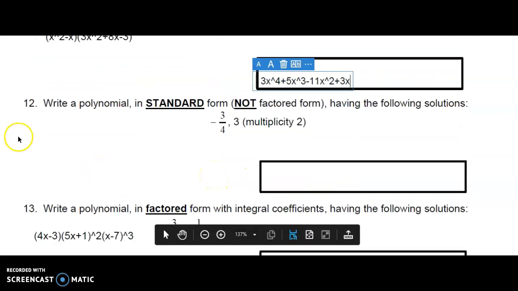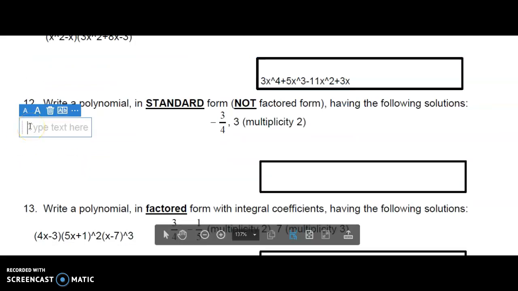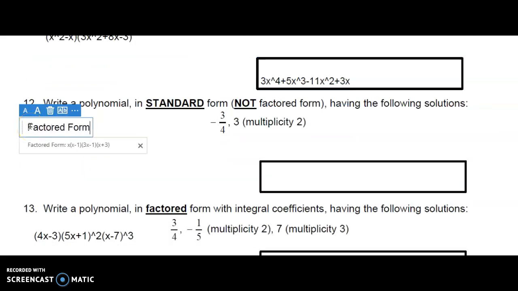All right, number 12 is much the same way. So first you write out your factored form. For the solution negative 3/4, the factor would be 4x plus 3. For the solution 3, your factor would be x minus 3.